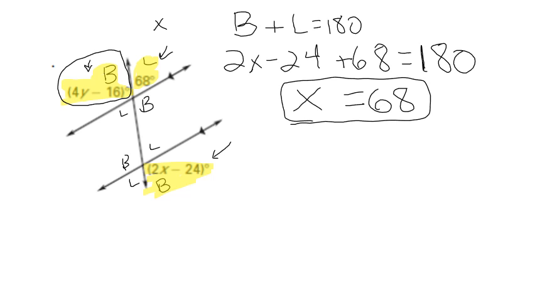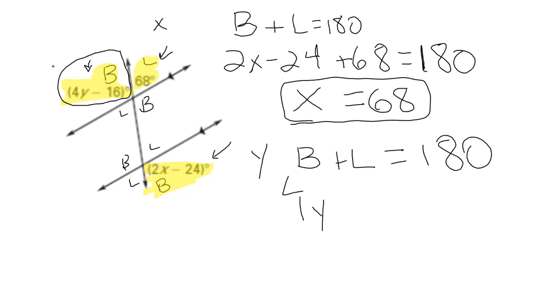Now, if we want to solve for y, we can use the 68 and the y term. And notice that there also will be an L. So we can set that up for y minus 16 plus 68 equals 180.